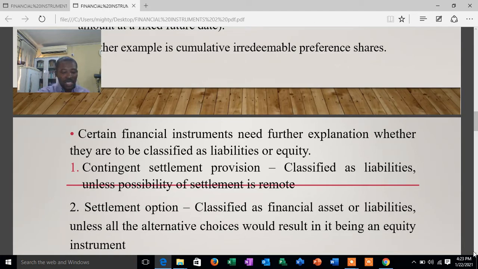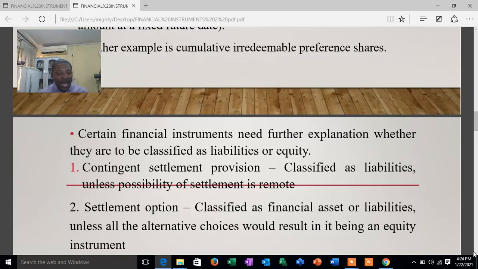So the first one is contingent settlement provision. Now when we say contingent, there are transactions that depend on the occurrence or non-occurrence of certain uncertain future events.